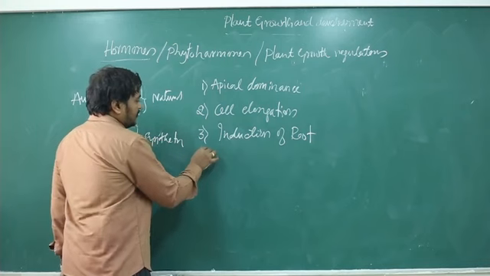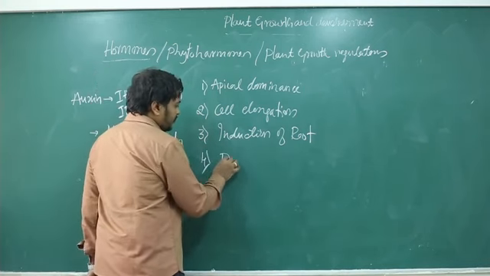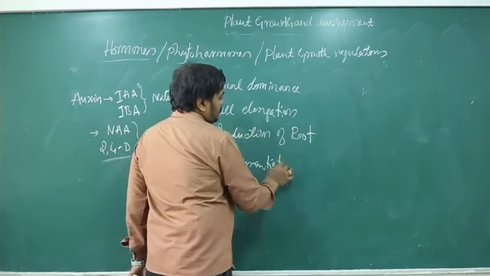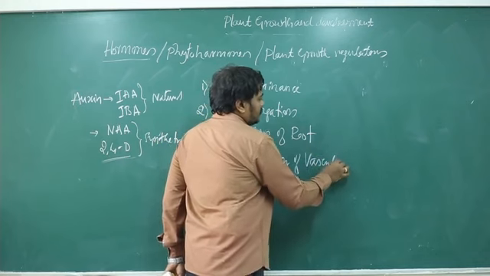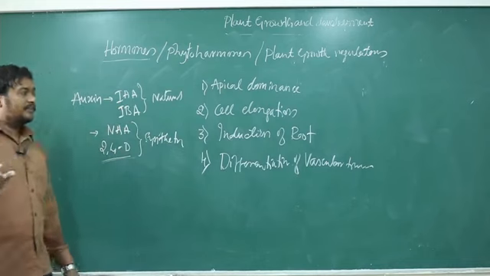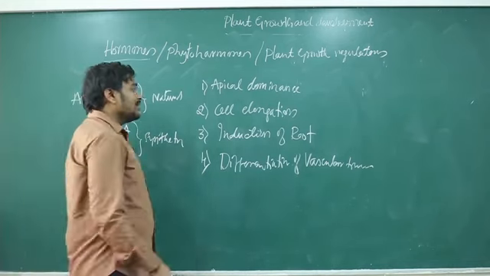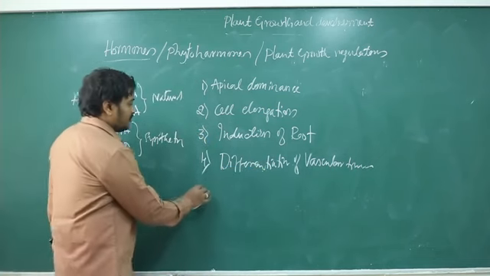Then differentiation of xylem, differentiation of vascular tissues. So differentiation of vascular tissues happens after the cell division. After the cell division, only parenchyma cells form. Those parenchyma cells are modified into xylem and phloem. That is differentiation. The differentiation process is influenced by auxin. Okay.